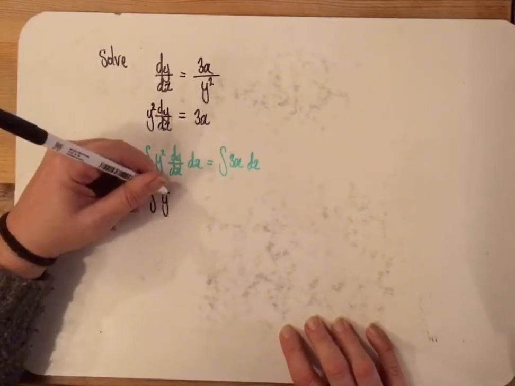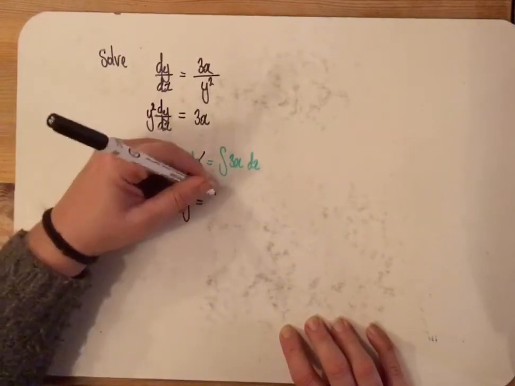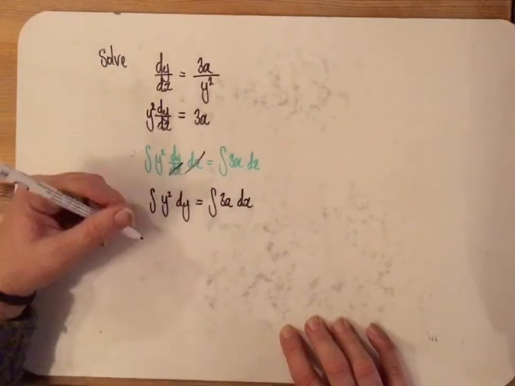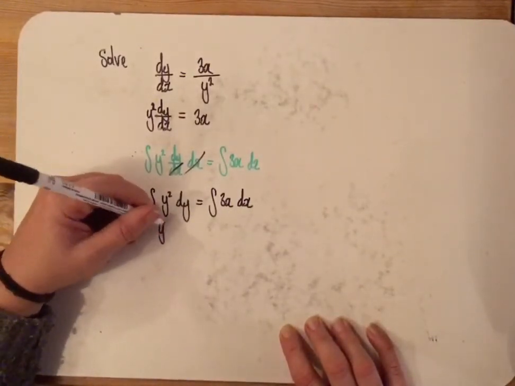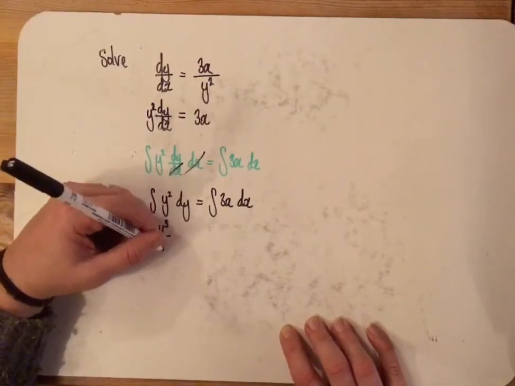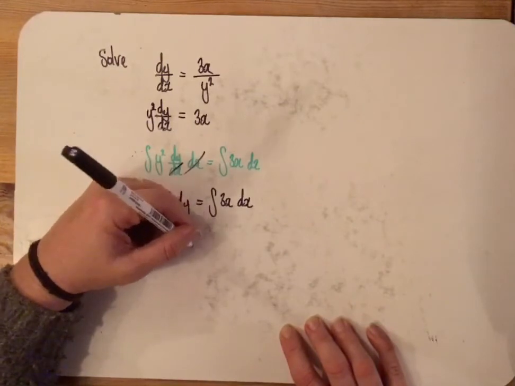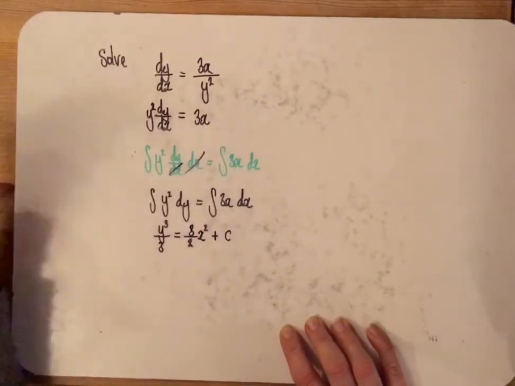So these are cancelling off. Integrating the left-hand side. So add 1 to the power, divide by the new power. Same over here. So this is going to 3 over 2 x squared plus c.